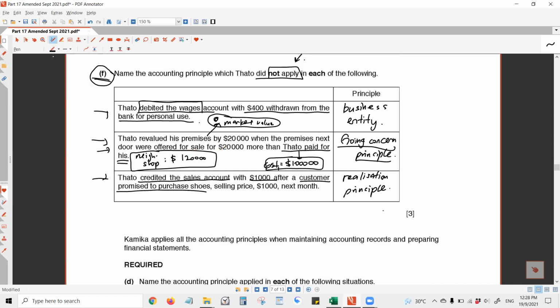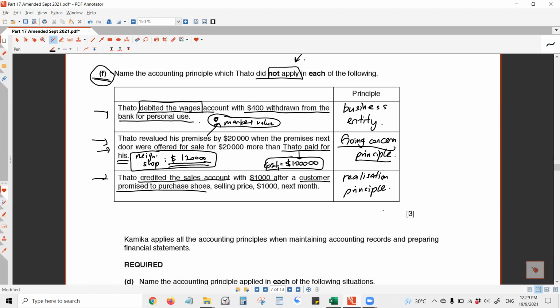So what does it mean? It means that Tato's shop should also be worth 120,000, right? That means Tato's shop has increased in value over time. So Tato is excited because the value of his shop should also be about 120,000 right now.